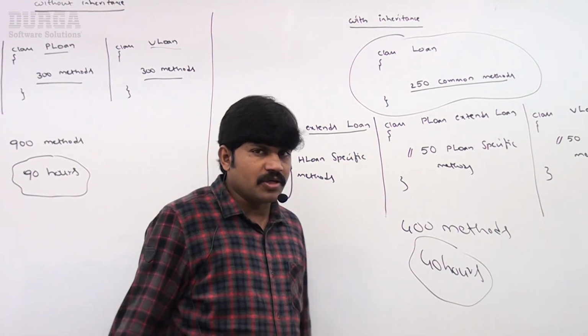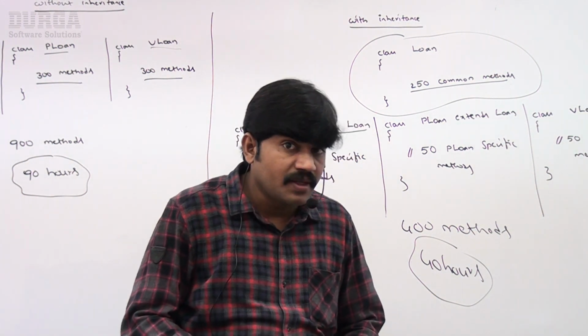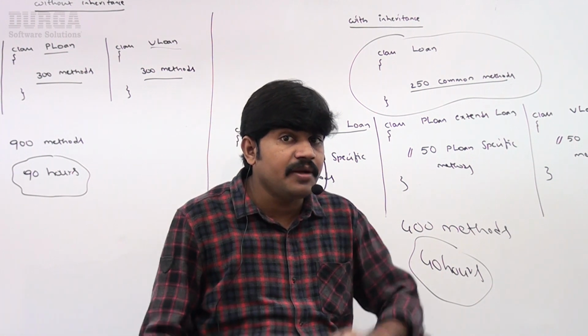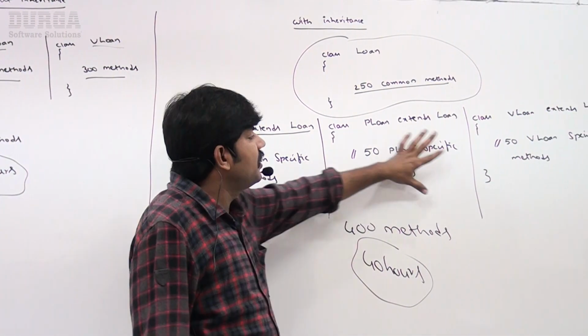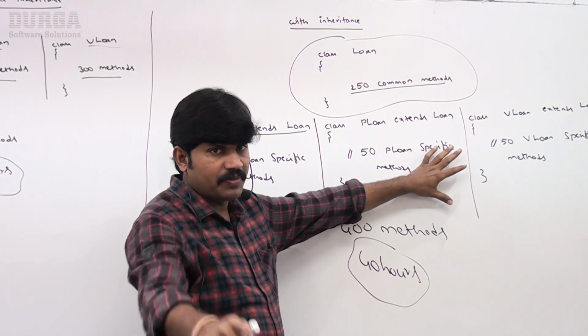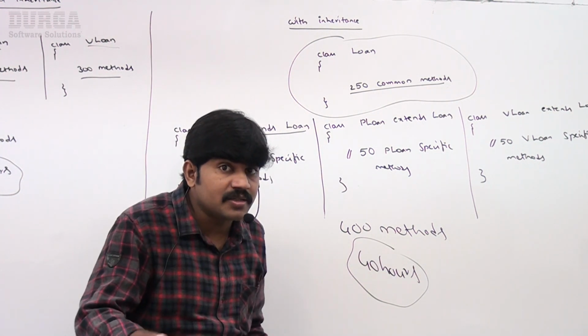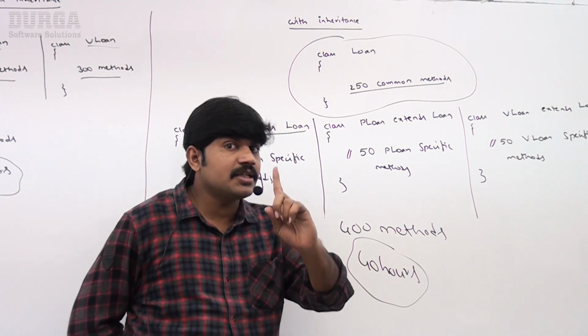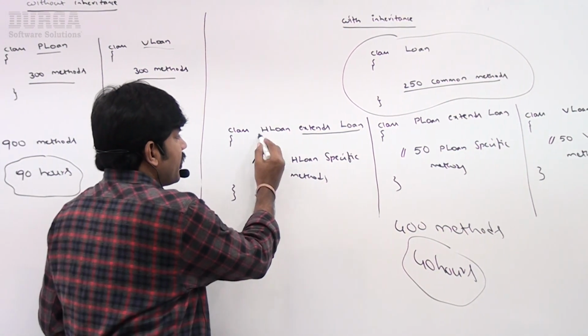Sir, I have one small doubt. In the parent class, which methods do we have to write? The most common methods, which are common for all child classes, such type of common methods we have to write inside the parent class. Next, in the child class, which methods do I have to write? Child specific methods, the methods which are applicable only for that particular child.